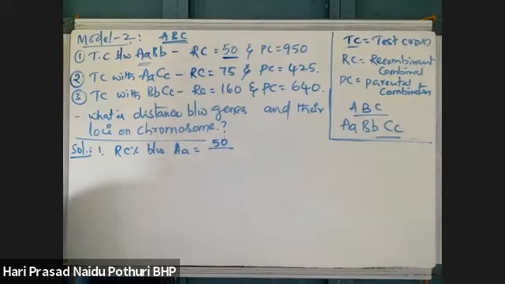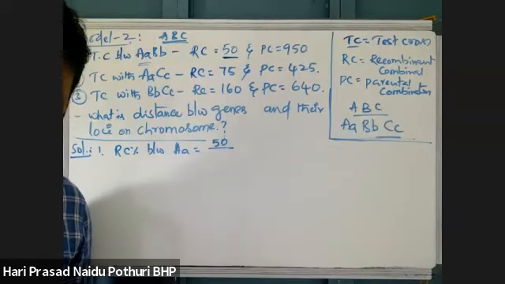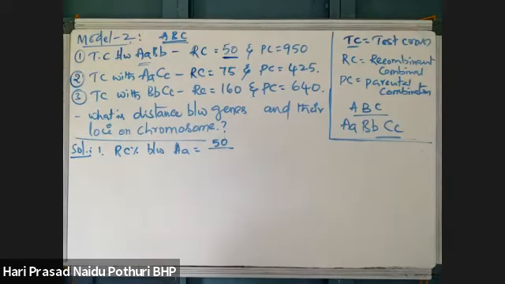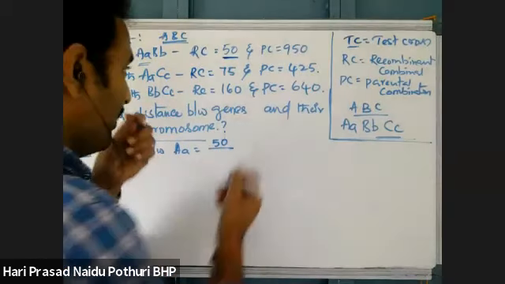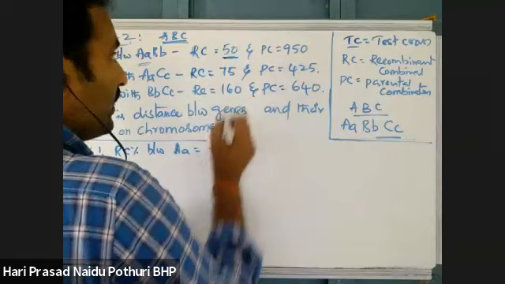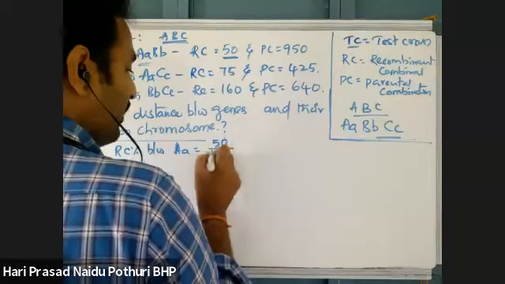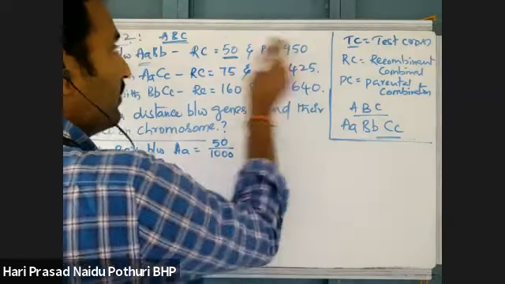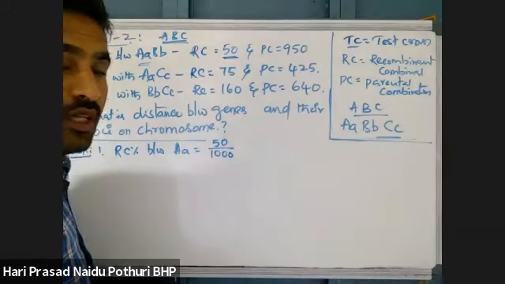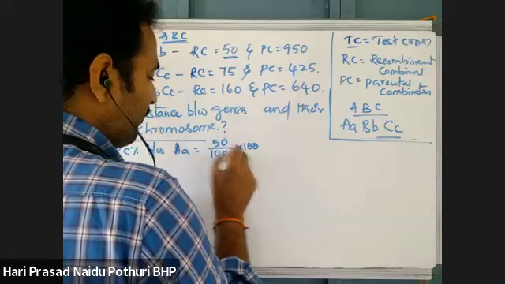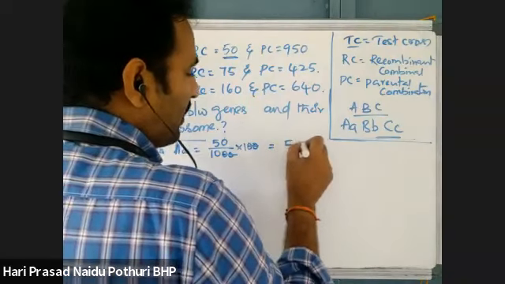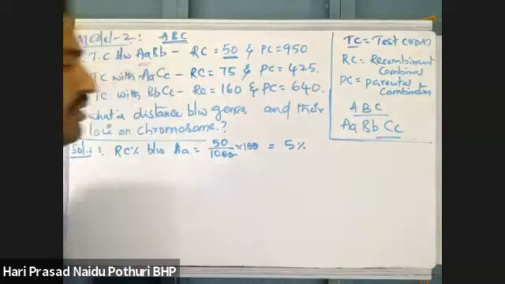Total offspring, I am asking, not percent. 1000. Yes, 1000. 50 are recombinants, 950 plus 50 is the total offspring. Recombinants divided by total offspring into 100, so the recombination percent is equal to 5%.